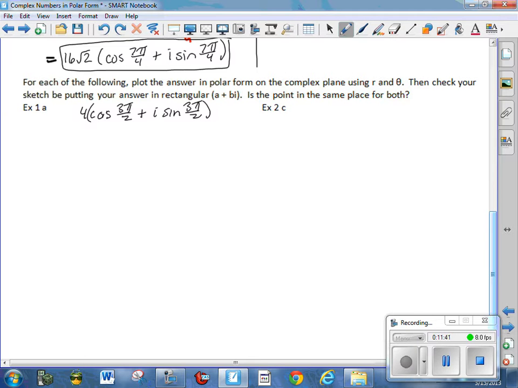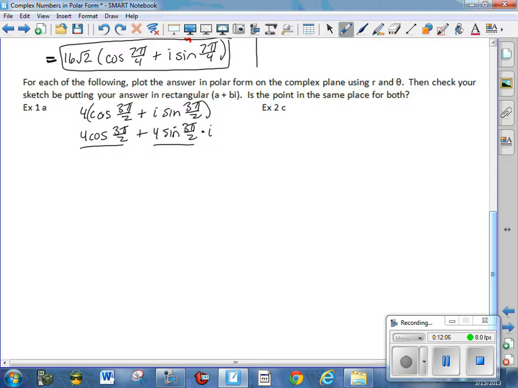To do that, I just have to remember that a is r cosine theta and b is r sine theta. So I'm going to write this as 4 cosine 3 pi over 2 plus 4 sine 3 pi over 2 times i. So if I find 4 cosine 3 pi over 2, that's my a. 4 sine 3 pi over 2 is b.